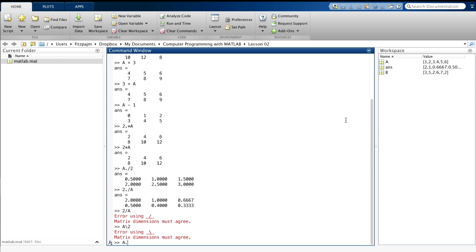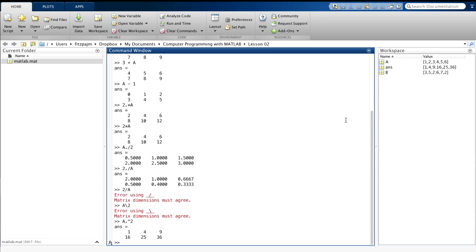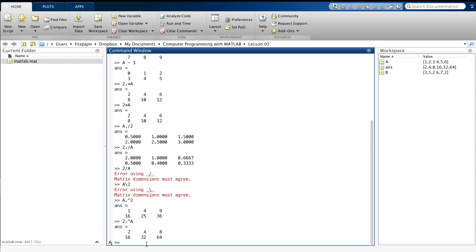A dot caret 2 applies that exponent 2 to each element of A, so it squares each element. And it works the other direction too. Let's look at A again so we can remember what's in there.